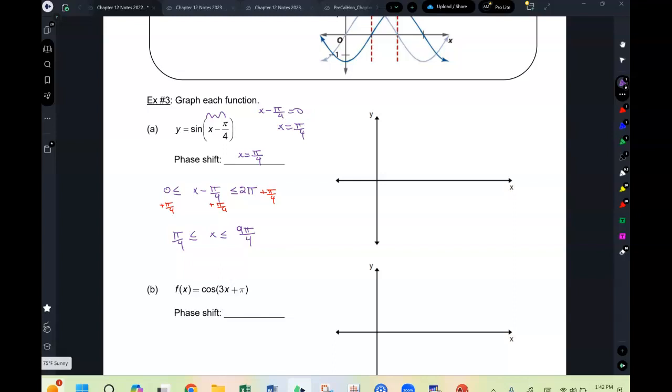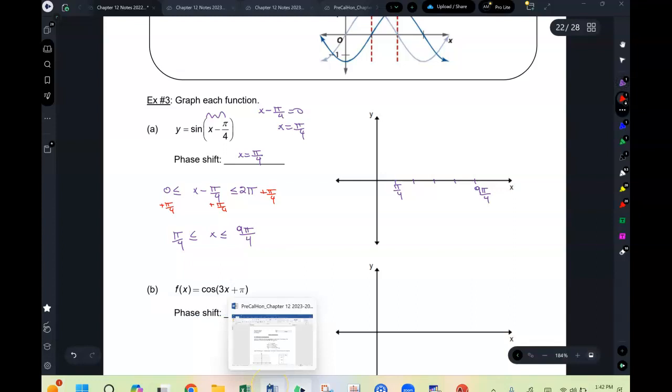So here the x-axis, the y-axis is that x equals 0. So I go over a little bit. So I have pi over 4. From the pi over 4, I go 1, 2, 3, 4, 9 pi over 4. Okay, now I need to find the midpoints. Finding the midpoints is the same exact way, but now there's a little bit more math.